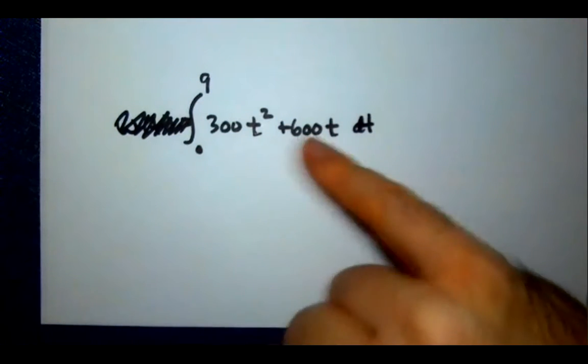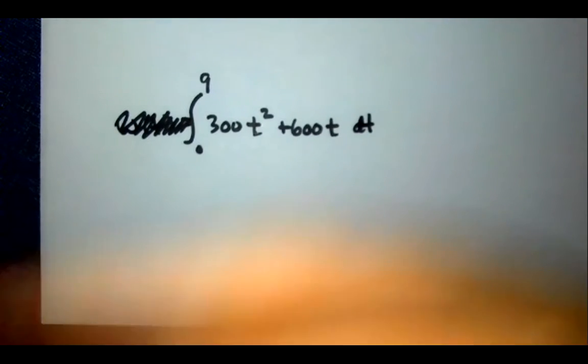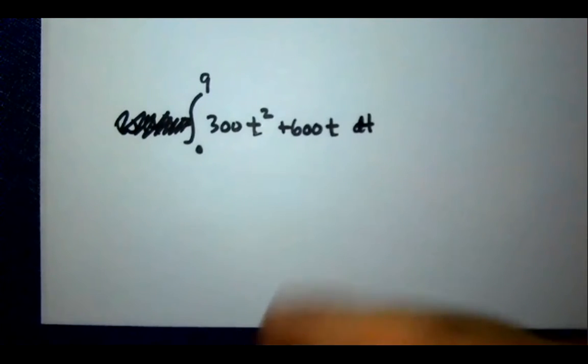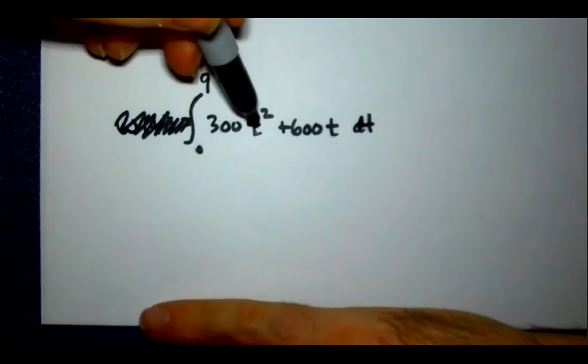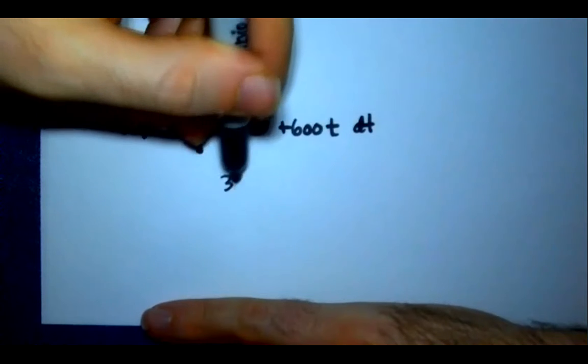Is this an easy integration or a hard integration? Do you need U substitution? No. Okay. Hard in the sense that these numbers are bigger than you want to work with. Easy in the sense that this is not U substitution. So I add 1 to the power and divide by the power. Just do it slow.